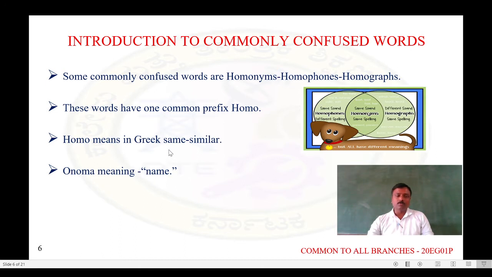The word homonyms comes from the Greek word homonymos. So homonyms are those words which have the same pronunciation, the same spelling, and different meanings. This is what the word homonyms means.